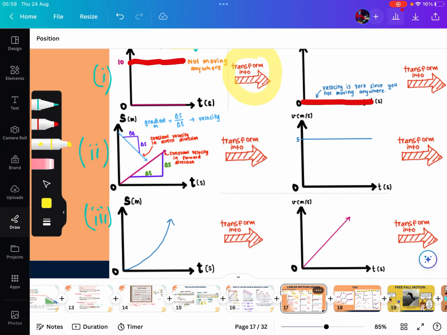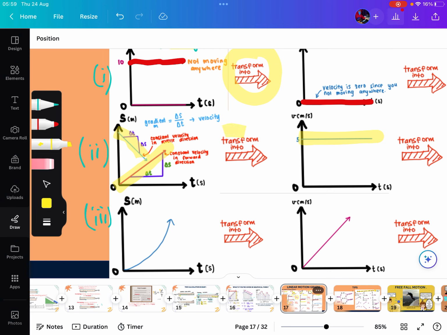Okay, the second row, we start from the ST graph, and we want to transform to the VT graph. When you have a straight line like this or like this, a straight line moving upwards or moving downwards, you will usually have the VT graph be a flat line like this.